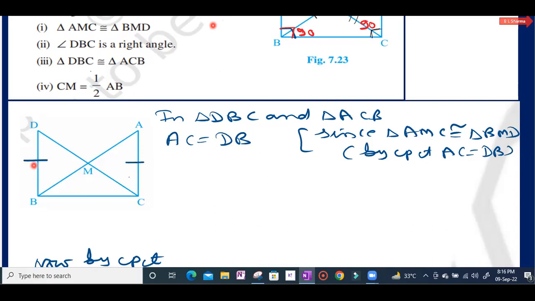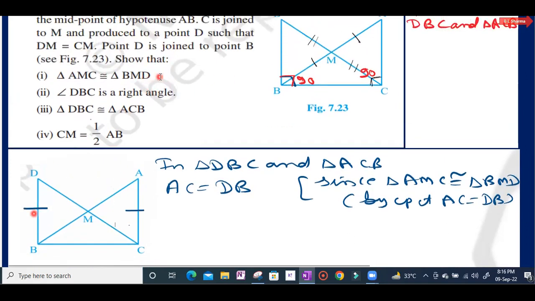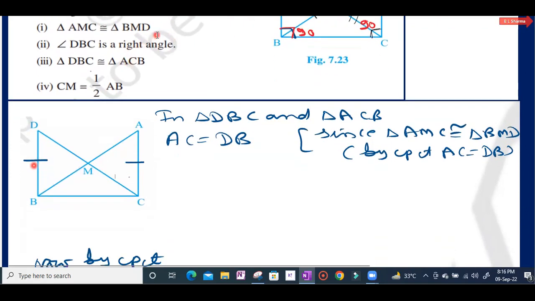This equal to this. यह फर्स्ट पार्ट में प्रूव कर चुके थे. देखिए ट्राइंगल AMC that is BMD और सॉरी PMD. तो यहीं से फर्स्ट पार्ट से हमने लिया है इसको कि ये AC और DB इक्वल है. एंगल DBC is equal to एंगल ACB. इसे 90 हमने सेकंड पार्ट में प्रूव कर रखा है.